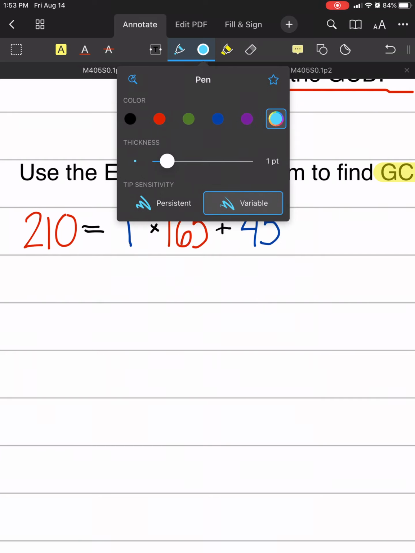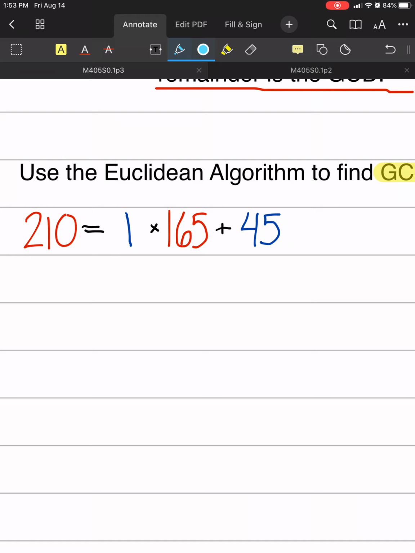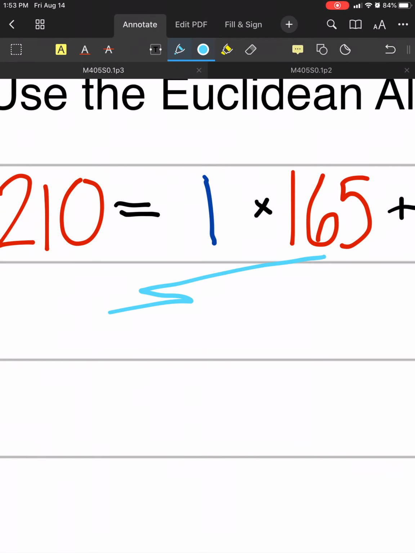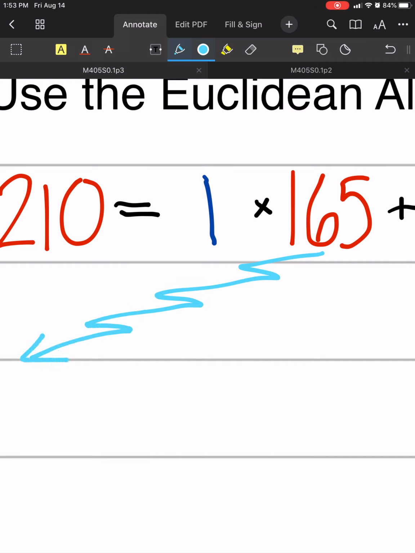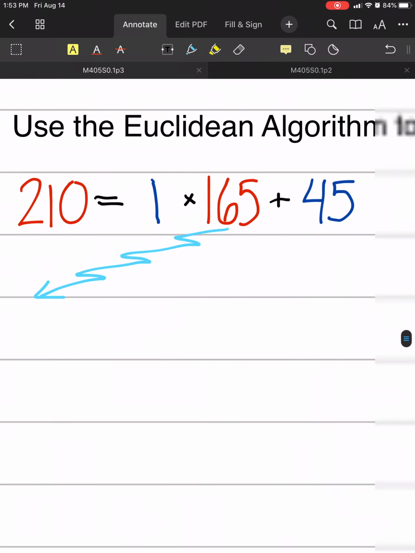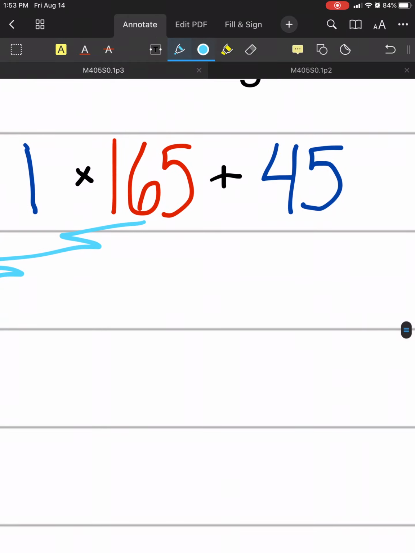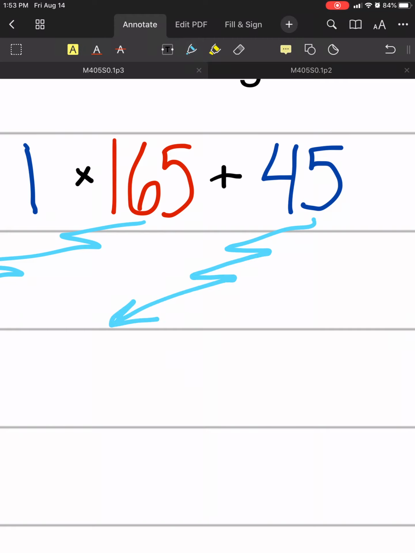So here, what we do for our next step is we take the b value from the previous step and we put it in the spot where the a was in the previous step. We do the same thing with the r value. So here, the r value, we put in the spot that the b was in the previous step.